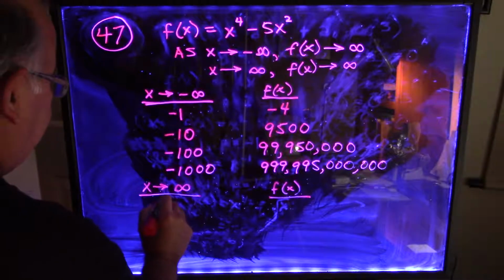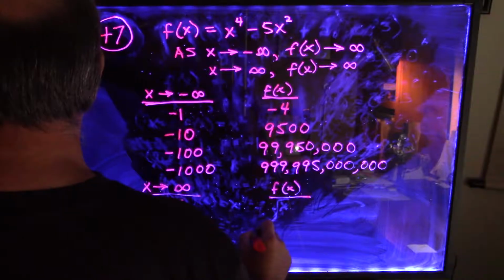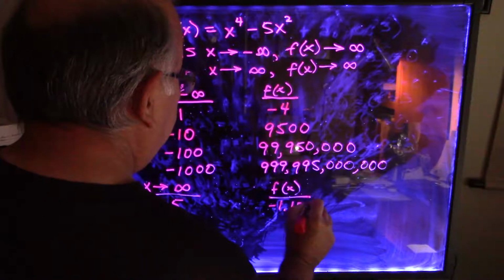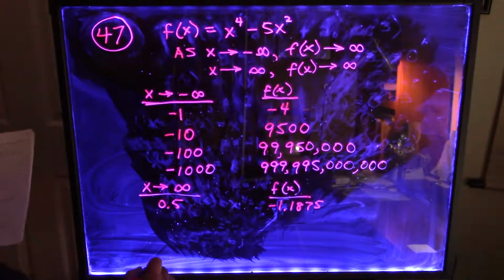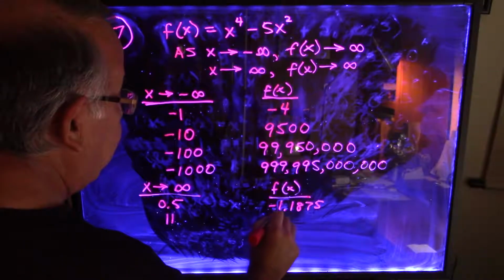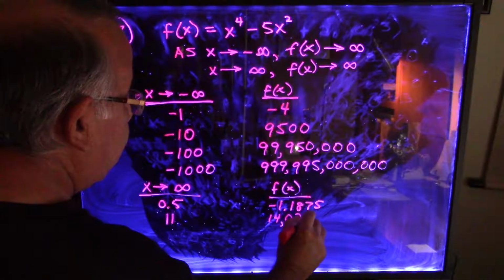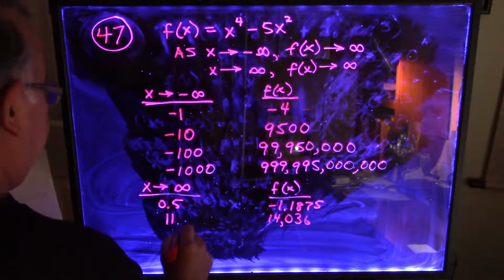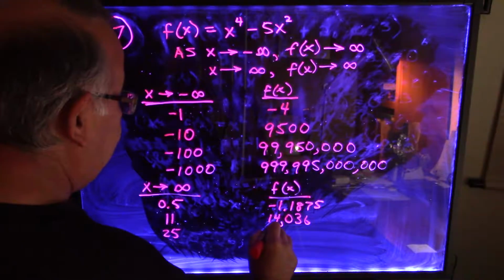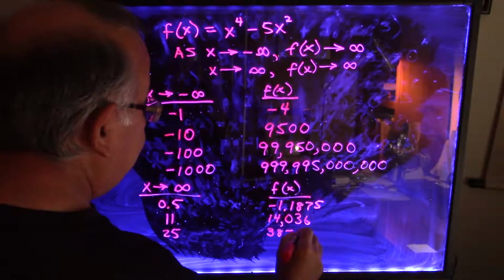Okay, so what if x is 0.5? f of 0.5 is negative 1.1875. How about x equals 11? f of 11 is 14,036. And if x is 25, for example, f of that is 387,500.